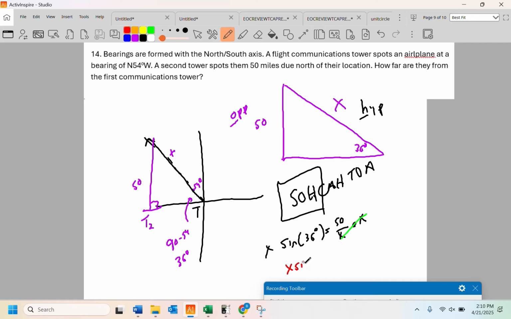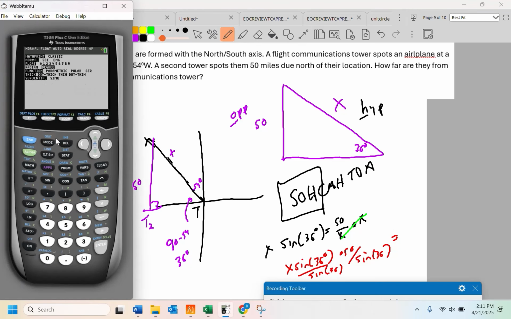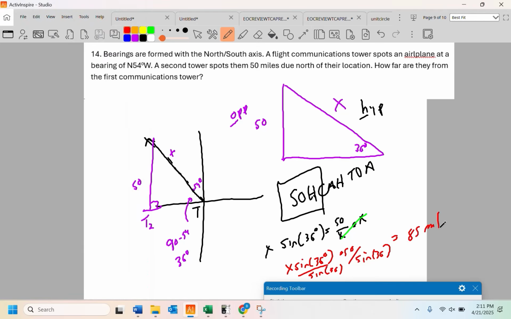Now I have x sine of 36, it's pronounced sine, not sin, equals 50. Next step is isolate the x through division. And the last step is to push buttons. Again, calculator in degree mode, check it. Once you set it once, you don't have to do it again. And I get about 85 miles. It's actually 85.06 or something like that.